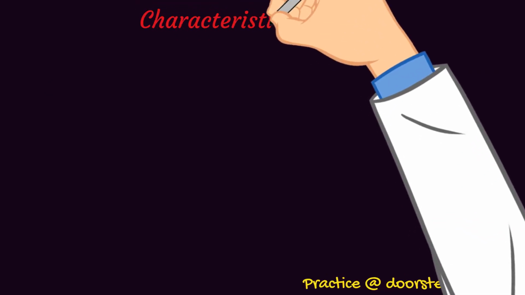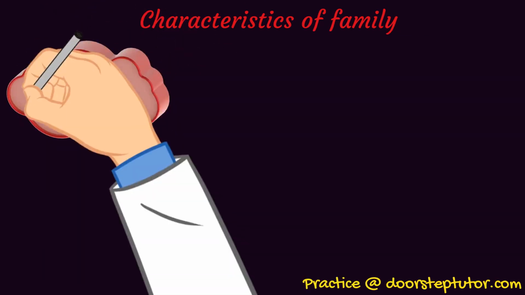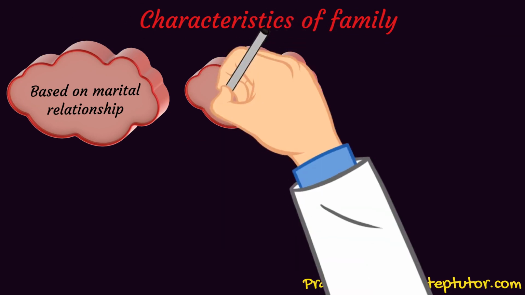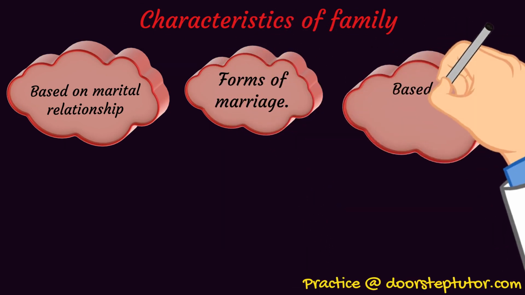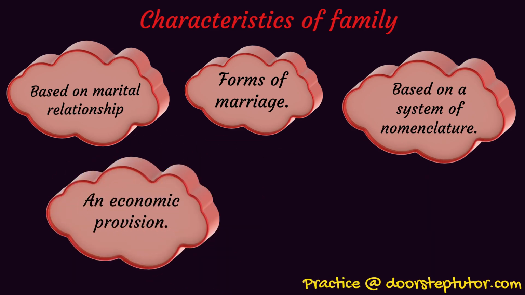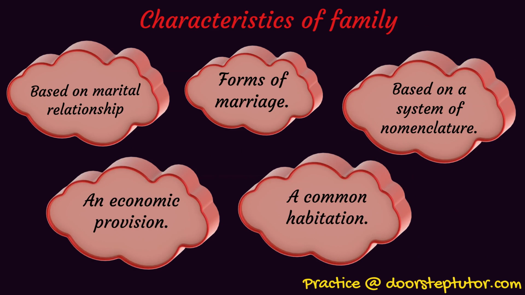Some of the basic characteristics of a family is it's based on marital relationship, forms of marriages, a system of nomenclature, economic provision, and a common habitation. In other words, family is always associated with marital relationship. In order to establish a family, there has to be an institution of marriage. Family is also based on a title, like for example, Kumar, Singh.